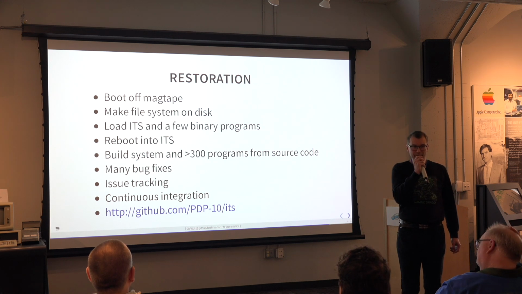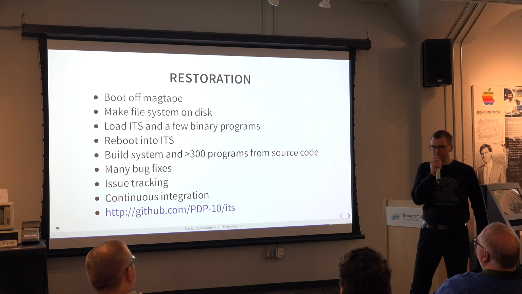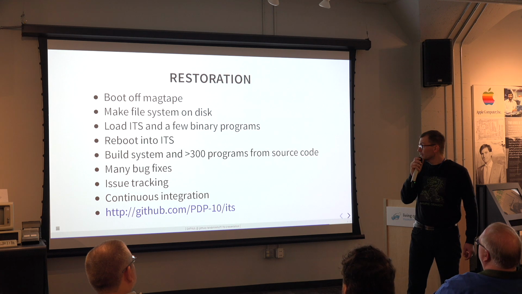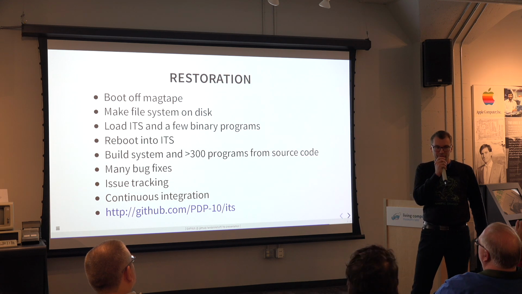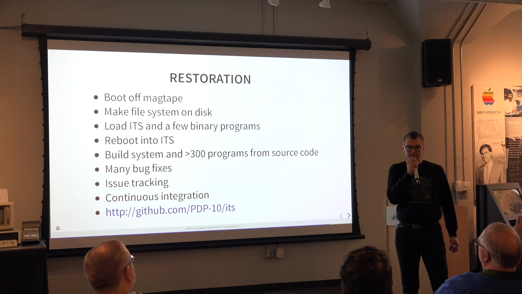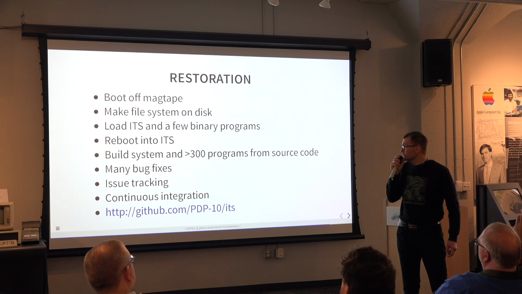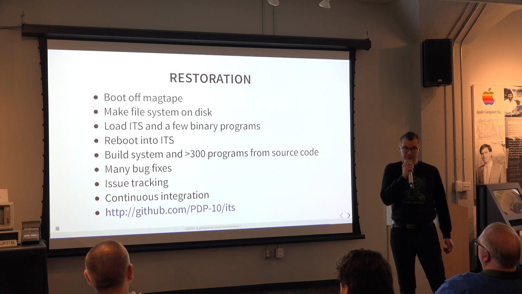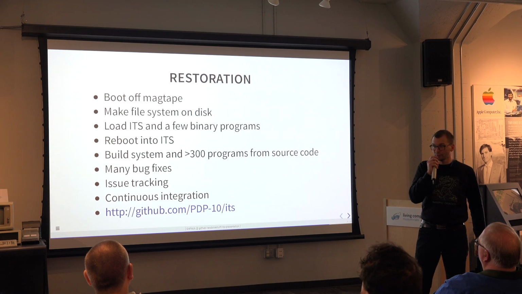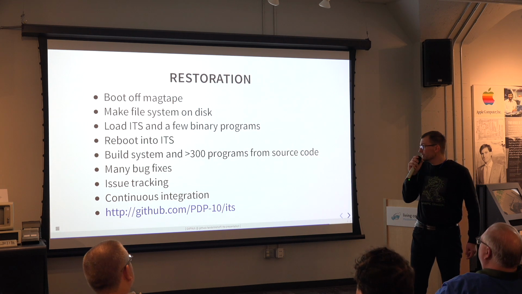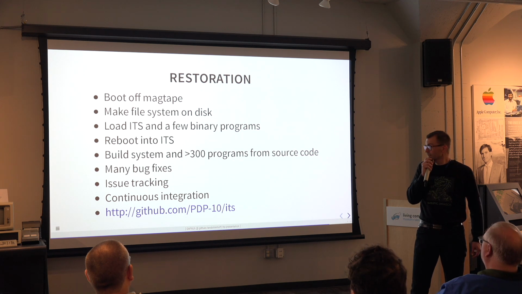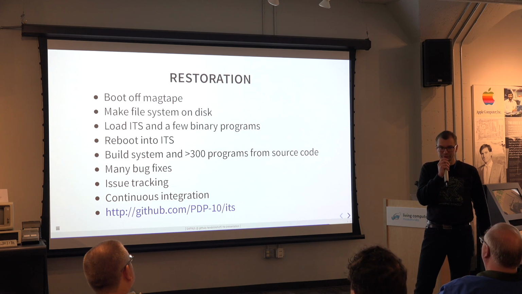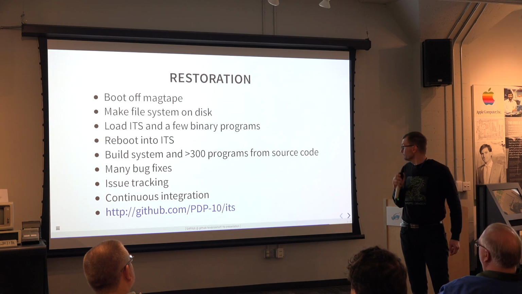We use that to create a file system on a simulated disk, and then load all the source code and build a new version of ITS and an assembler. And then we reboot to run that newly built ITS, and then build the rest of the system, which is over 300 programs.